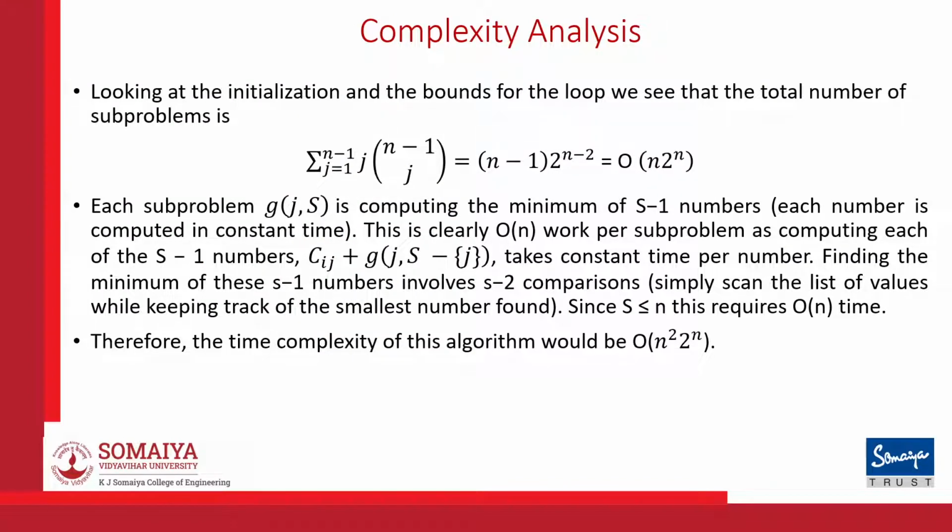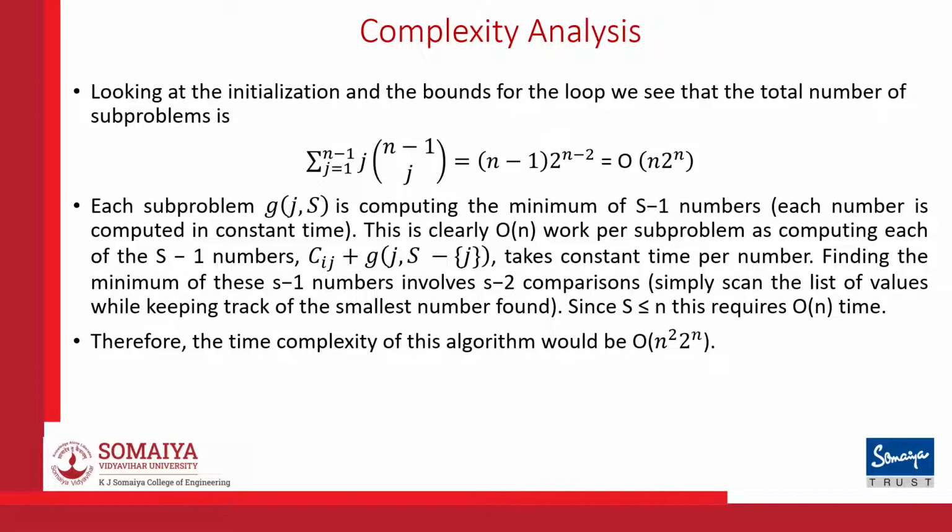Complexity analysis of the traveling salesman problem through the dynamic programming approach. Looking at the initialization and the bounds for the loop, we see that the total number of subproblems is of the order of n into 2 raised to n. This is the net number of subproblems.